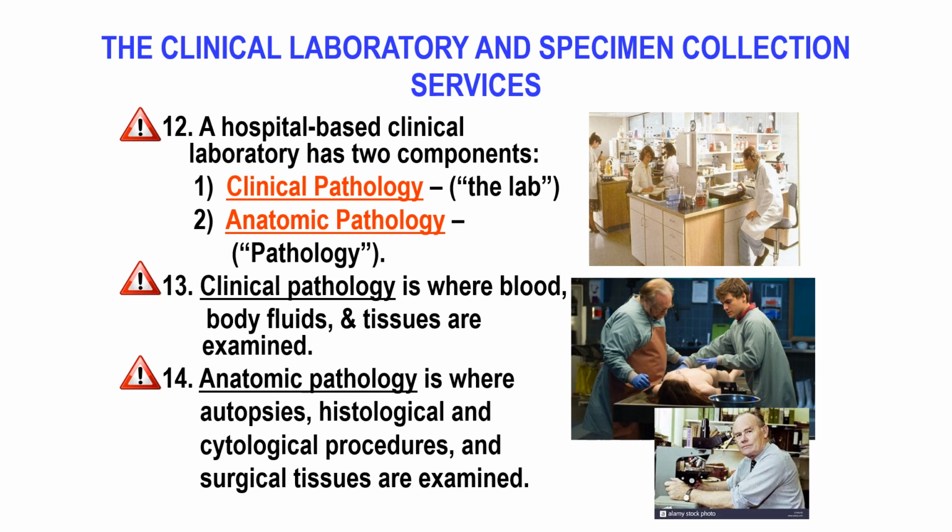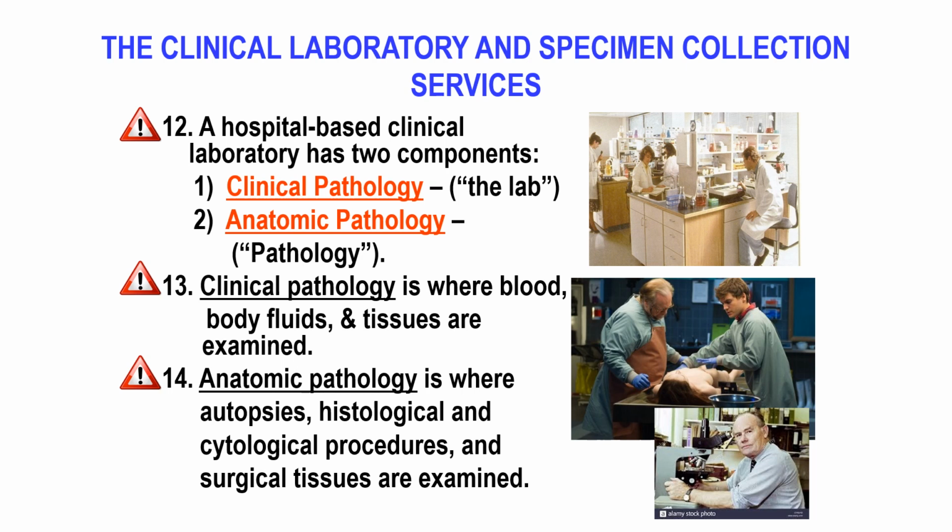Clinical pathology is where blood, body fluids, and tissues are examined and tested and we get results. Anatomic pathology is where autopsies are performed, histological and cytological procedures, and surgical tissues are examined.